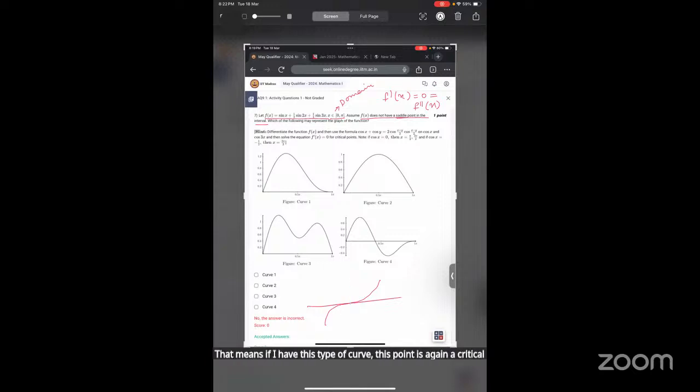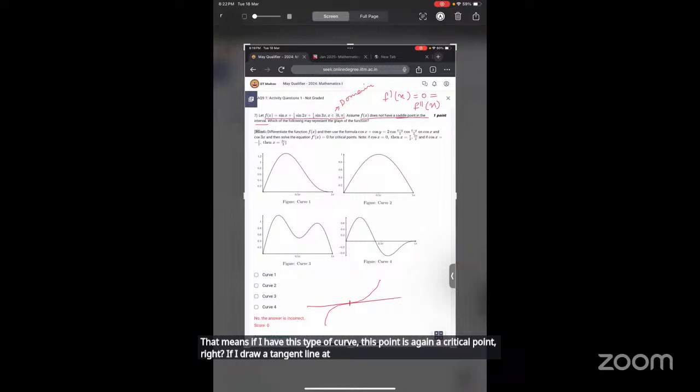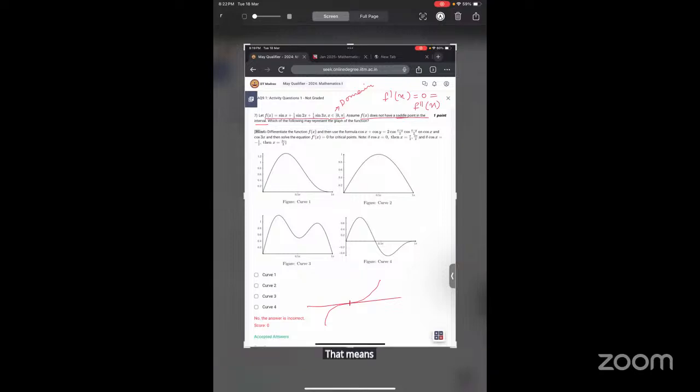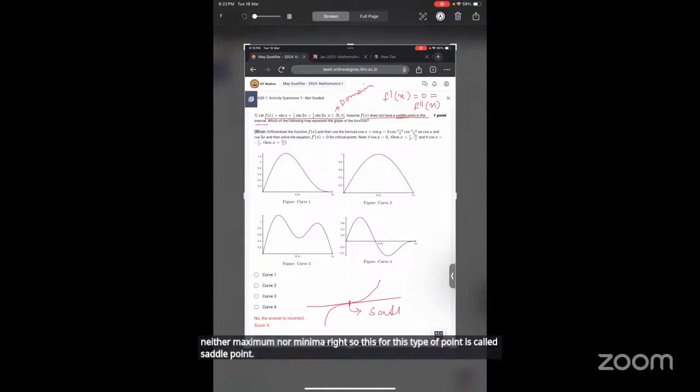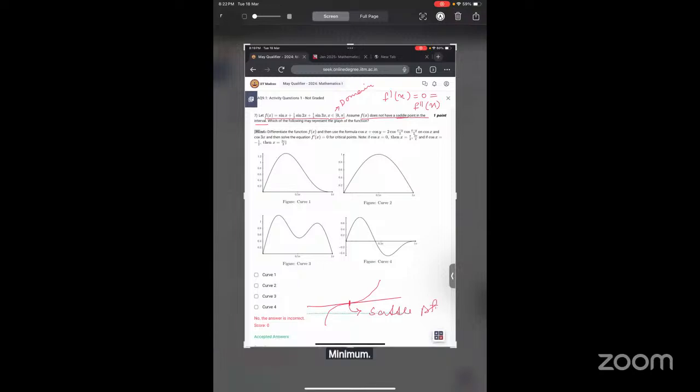If I draw a tangent line at this point, then it will be the x-axis. That means f dash x will be 0. So this is a critical point, but it is neither maxima nor minima. This type of point is called a saddle point. Okay. So at a saddle point, we know f double dash x is 0, right?